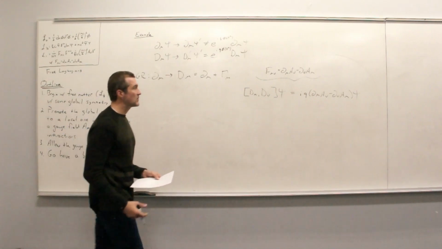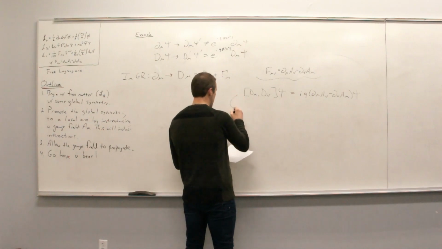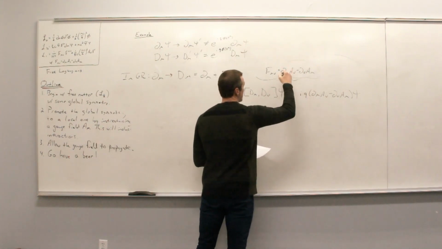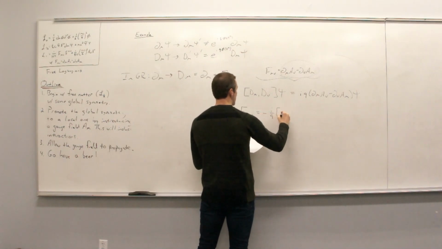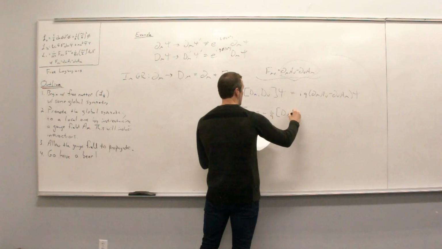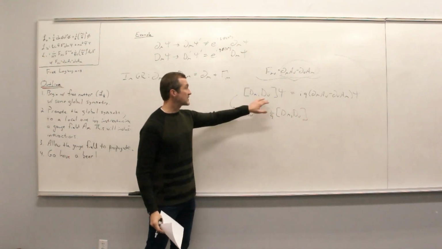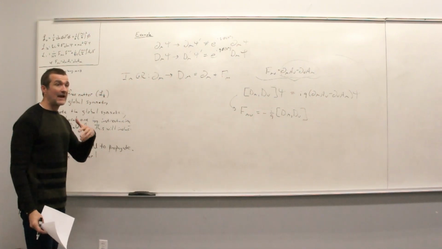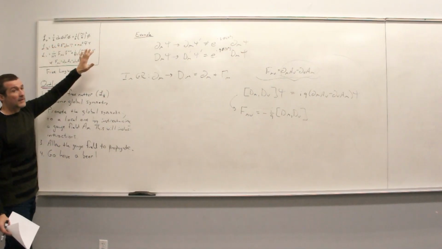It just ends up giving you iQ times F_mu nu. So this means that we can actually redefine F_mu nu. Instead of defining it this way, we can define it as minus i over Q times the commutator of the covariant derivative. Remember, you'll know what this covariant derivative is before you'll know what F_mu nu is, because the covariant derivative you have to get if you just want the matter thing to be locally invariant.